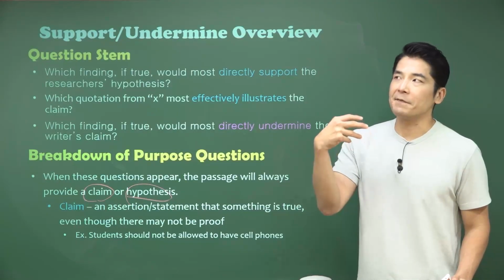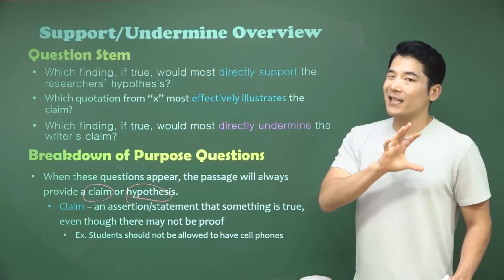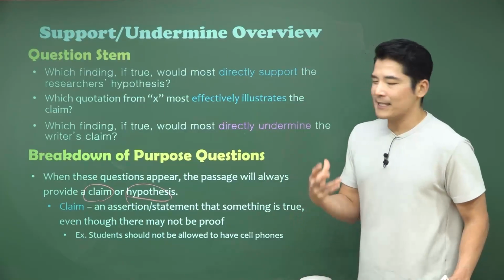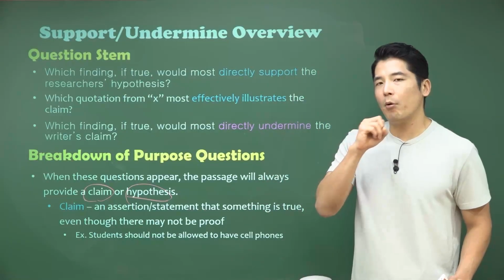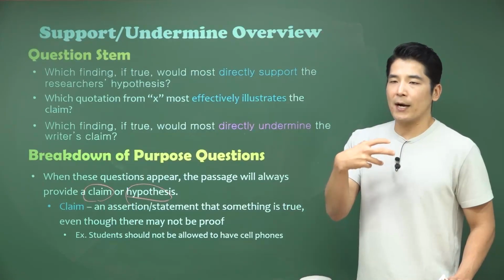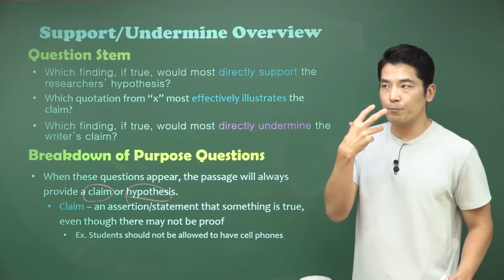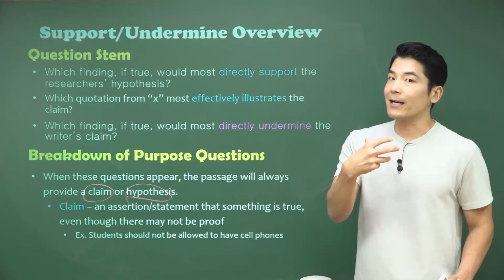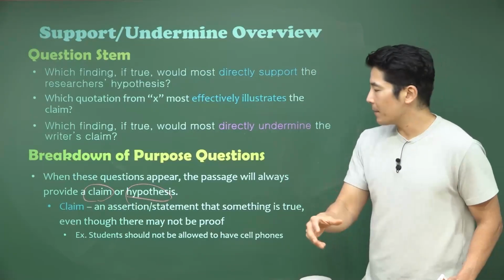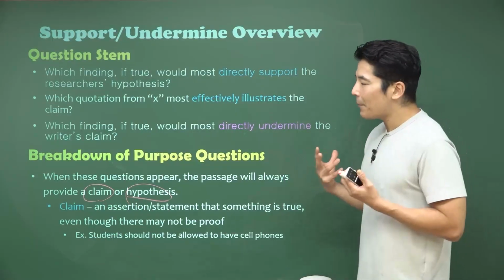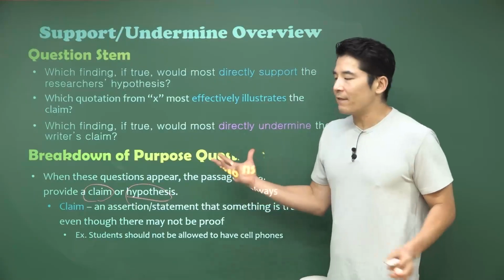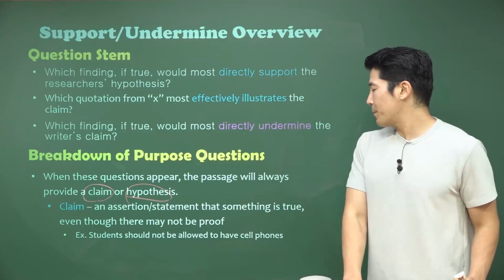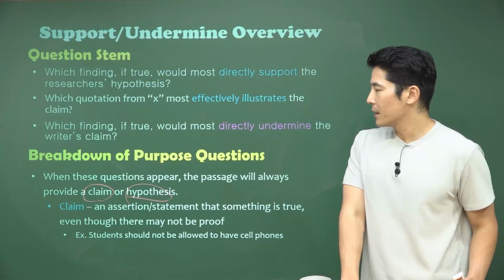But there isn't necessarily sufficient evidence. The way that you can think about the claim is that it's really like the main point that the writer is trying to prove, that the writer believes. An example of a claim would be if I said something like, students should not be allowed to have cell phones.